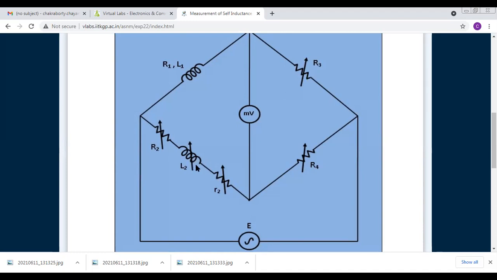So R2, L2, and this R2 is the arm's resistance. If we change these three arms, then we can get this millivolt meter, which is showing some millivolts, to go to the null position. At that moment, we can calculate the self-inductance.